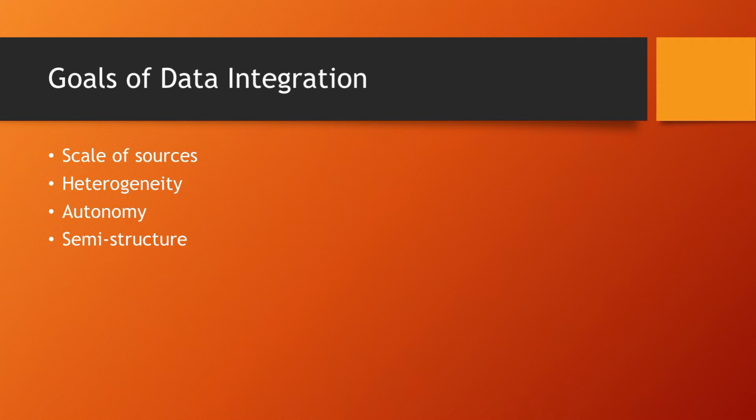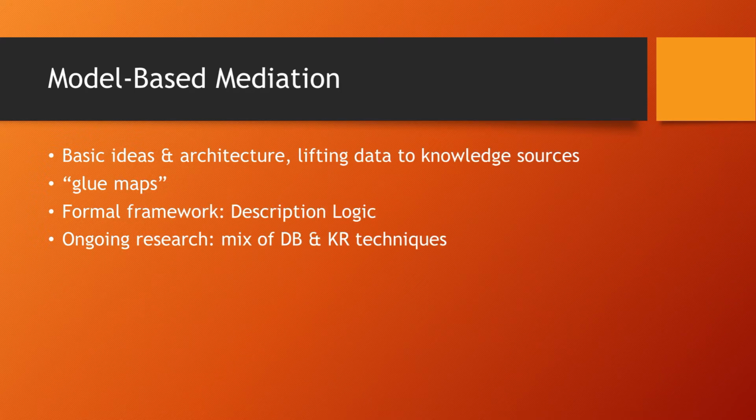Autonomy, where we use similar and unique data, and semi-structured data, that is used for different semi-structured databases and files. We also have the model-based mediation, which has the basic ideas and architecture lifting to knowledge sources.